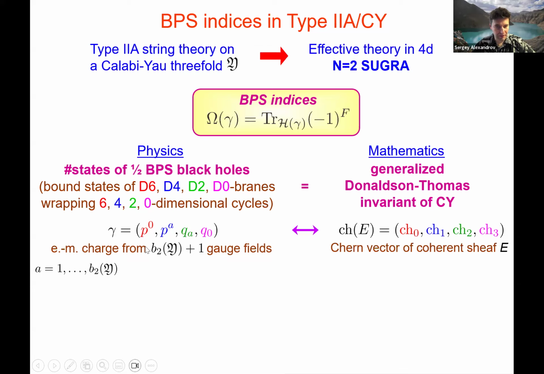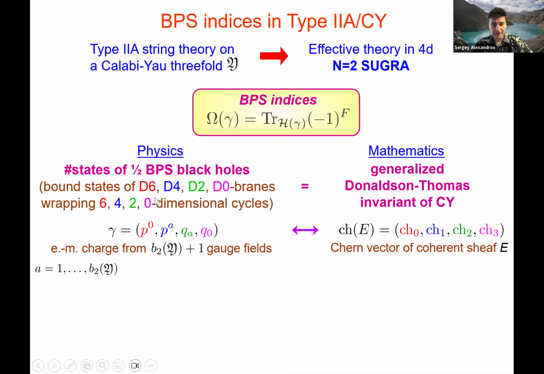So in total, there are 2b_2+2 components of this electromagnetic charge vector, where b_2 is the second Betti number of the Calabi-Yau, just because there are b_2+1 gauge fields, and each gauge field gives rise to one magnetic and one electric charge. In the following, the index A will run from 1 to b_2.